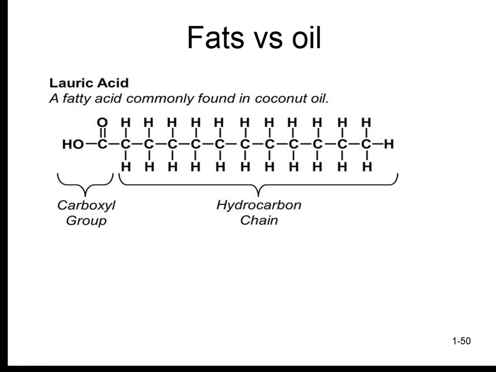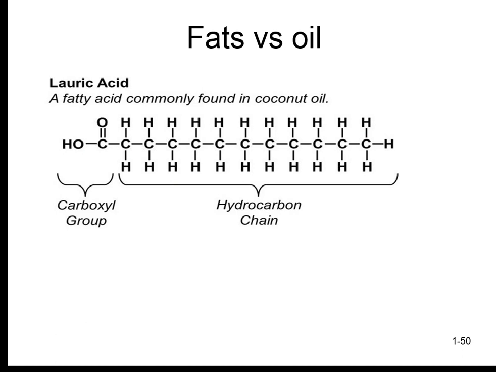So one important molecule that we have for fats is a fatty acid. So what is this fatty acid? Fatty acid, I think, is a very important molecule of the lipid section.